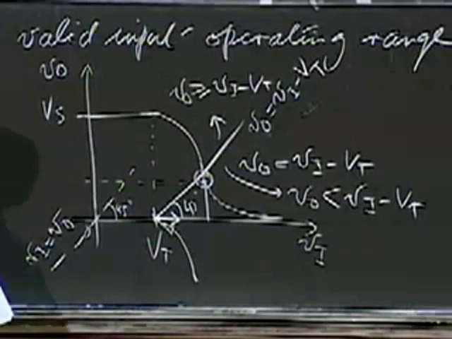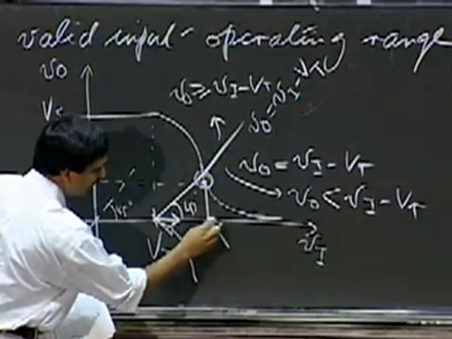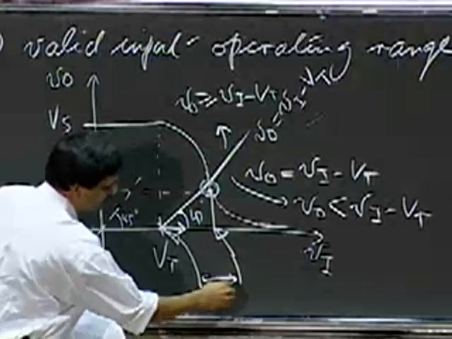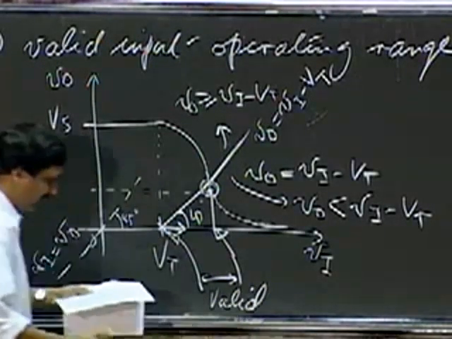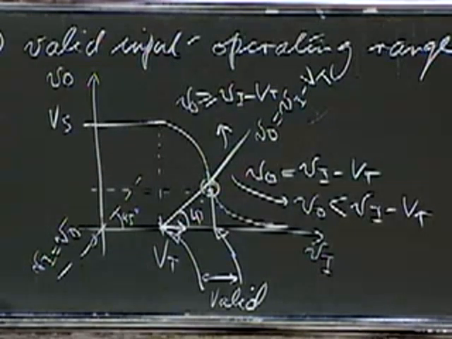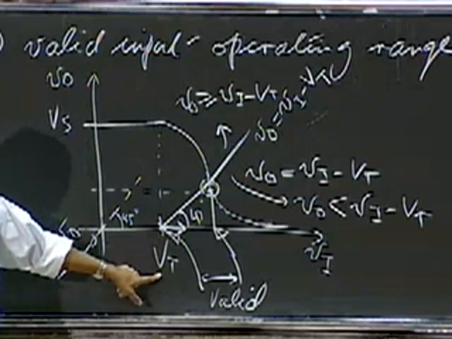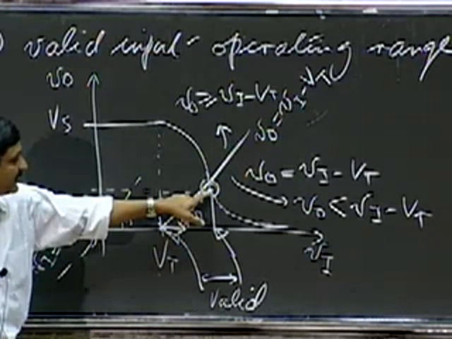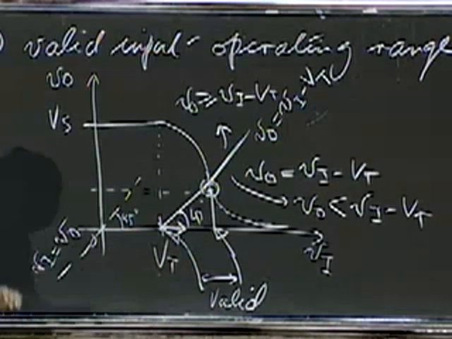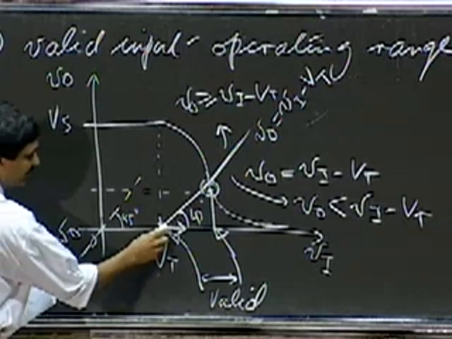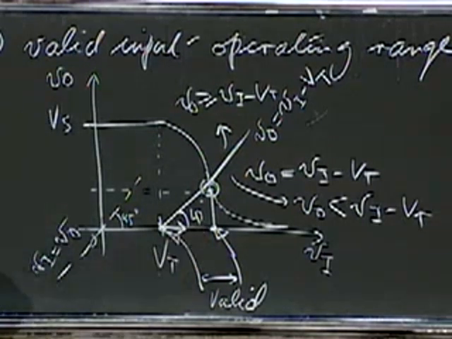If you look at this graph here, this is the valid input operating range, starting at this point, greater than Vt. And at this point, my output V naught equals Vi minus Vt. This must be the valid operating range for the input, here to here.